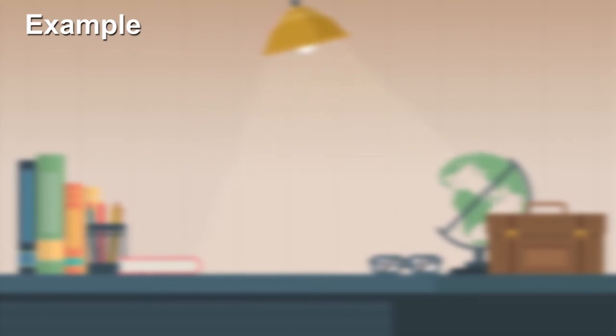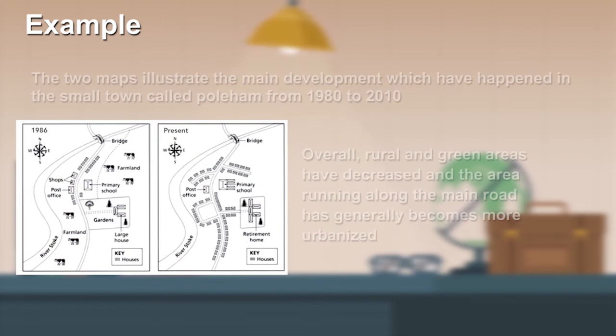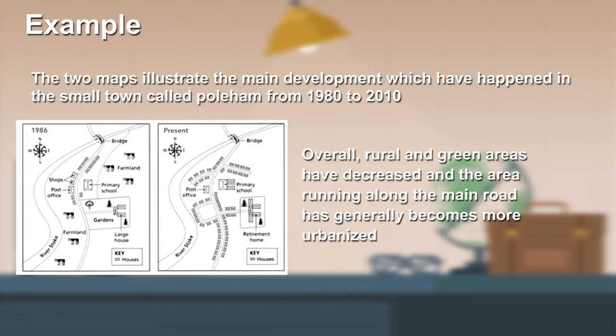Example description of maps. The two maps illustrate the main developments which have happened in the small town called Poloham from 1980 to 2010.